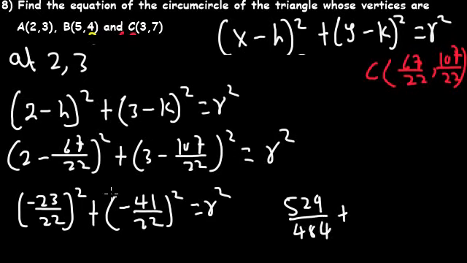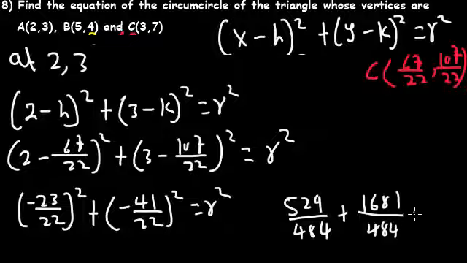The negative has gone since it is squared. What about 41 over 22 all squared? Just be careful, make sure you type each of the values properly. So I got plus 1681 over 484, then equals r squared.